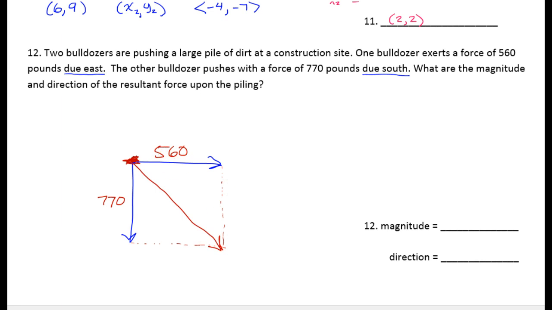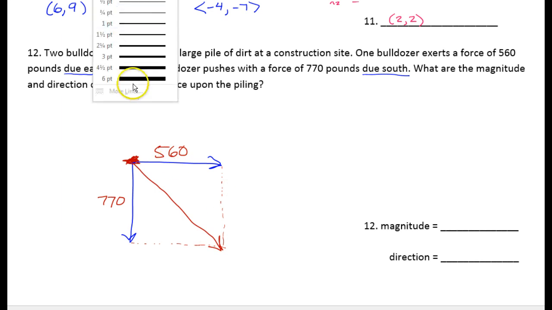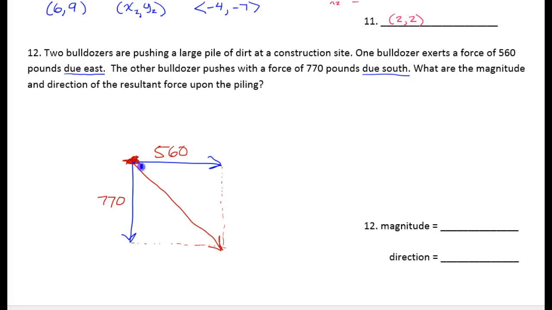Now concentrate on the following triangle. Concentrate on this triangle right here. This is a right triangle. We have this side of the right triangle, 560. What about this side of the triangle over here? Well, that's the same as this, so that is 770. So the magnitude of the resultant is just going to be the length of this diagonal, but it's also the hypotenuse of this triangle.